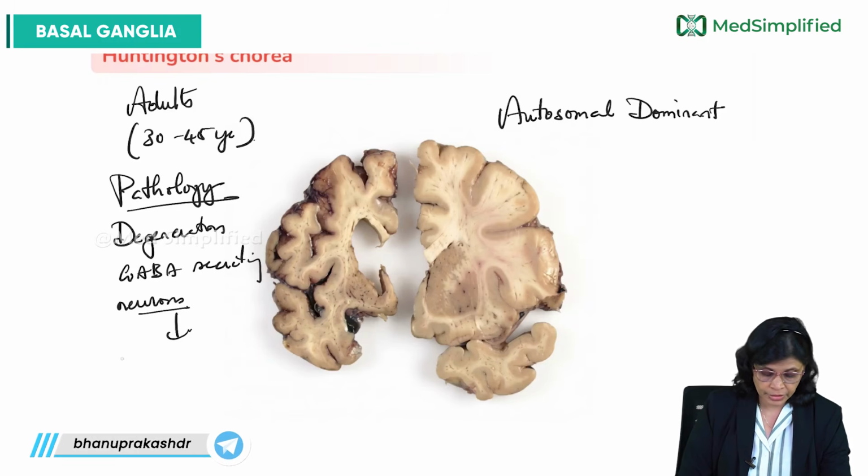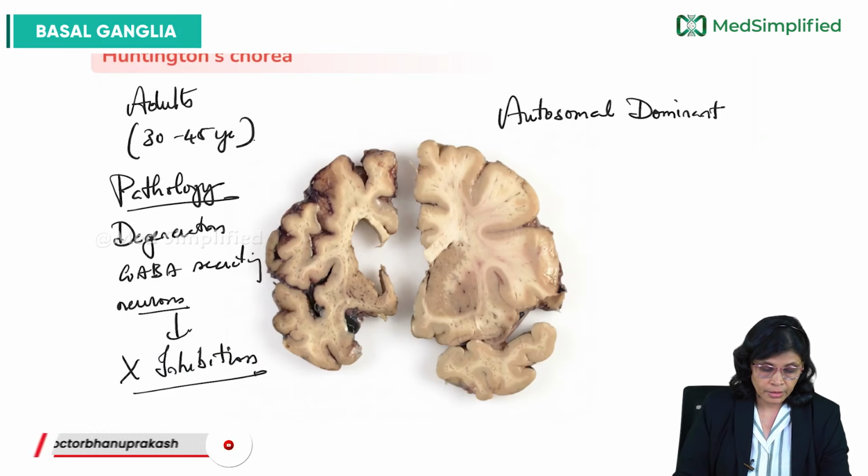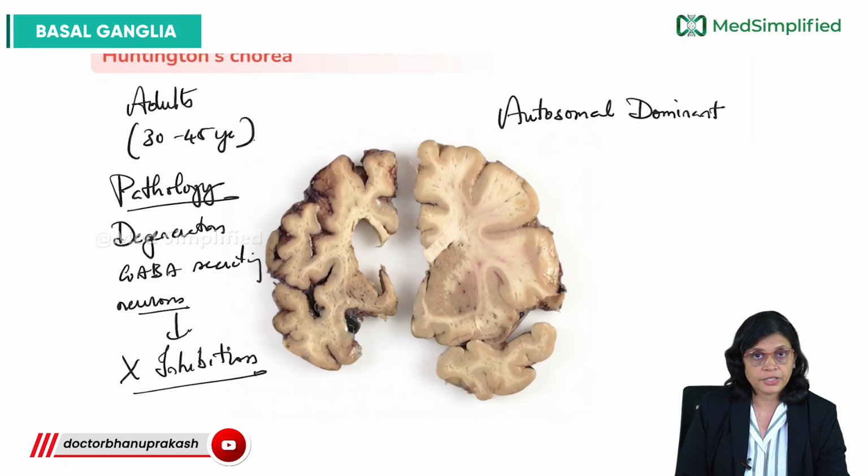But now there is no inhibition. They are not able to inhibit the dopamine secreting neurons of the substantia nigra, because of which there will be overactivity of the nigrostriatal fibers.